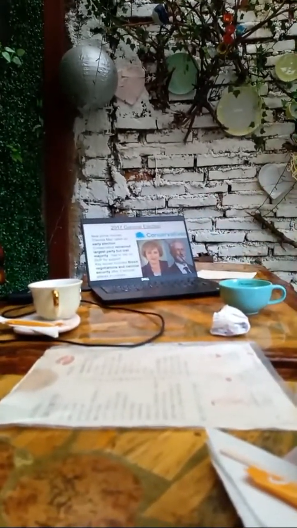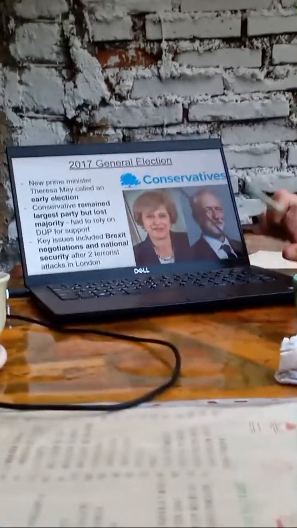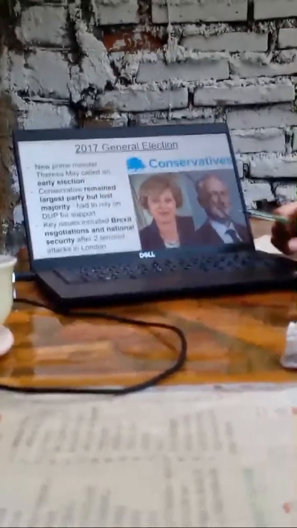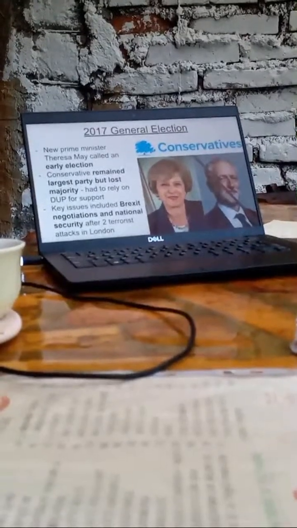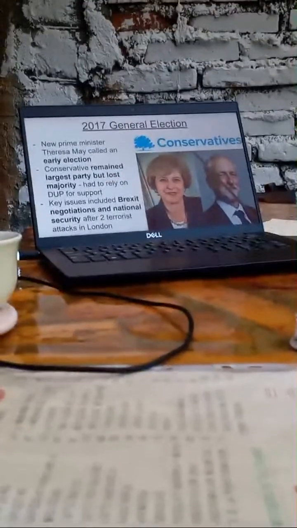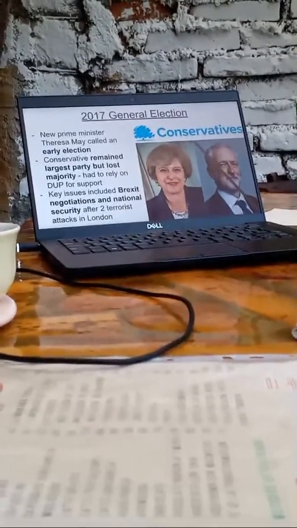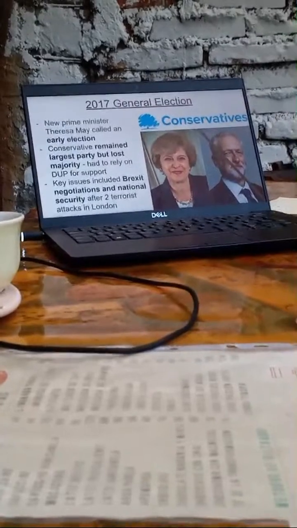Because David Cameron resigned as Prime Minister, this woman took over. Her name is Theresa May. She didn't have to call this election, but she wanted to, because she wanted to get authority from the people for Brexit, basically. Because even after Brexit was voted on, there were different types of Brexit. It was very complicated how you would leave the EU.